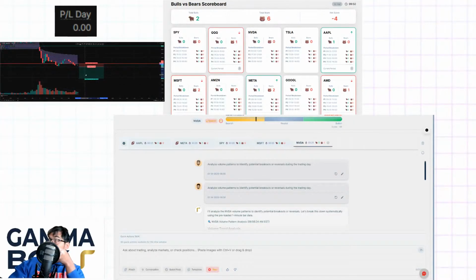Yeah, I have a feeling that this is about to flush. So I'm looking at a 190 in the money.